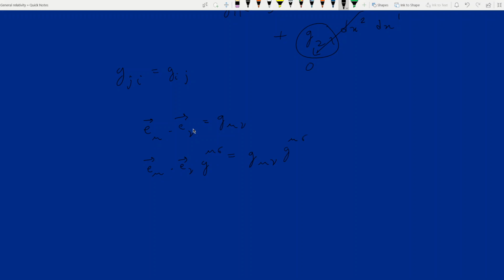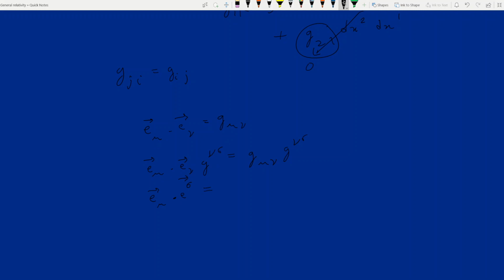So if you multiply both sides by g of mu sigma, what happens to the left hand side? Well, we know we use the metric tensor to lower or raise our indices, so let's just multiply by nu sigma on both sides. So the nu's cancel out, and we are left with the contravariant basis vector.